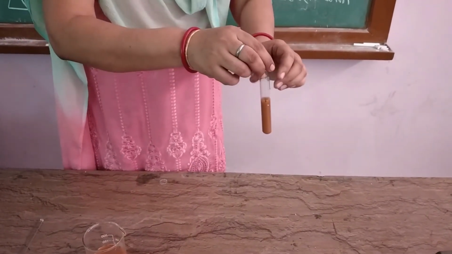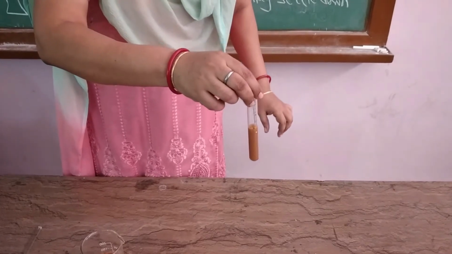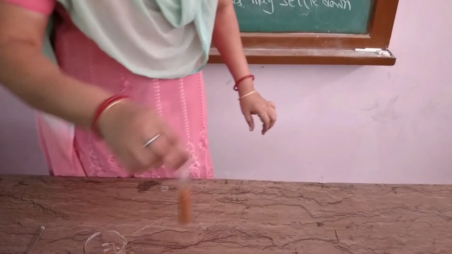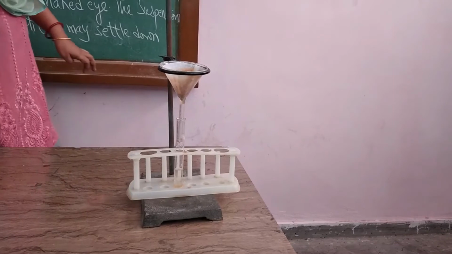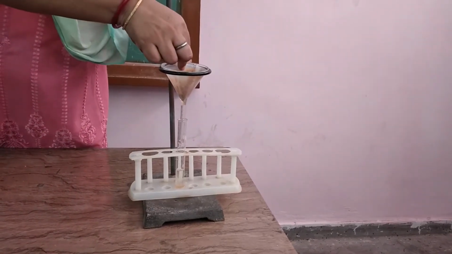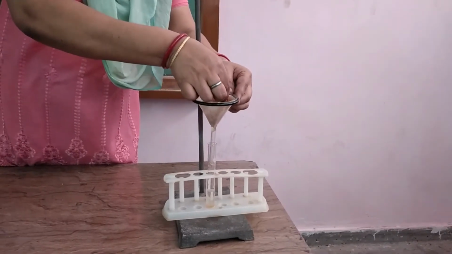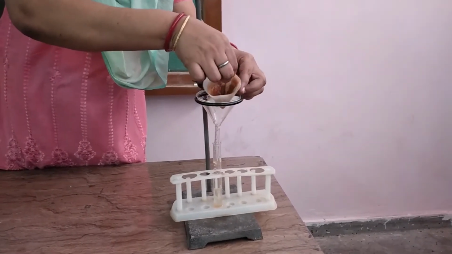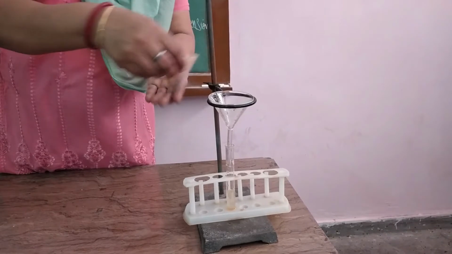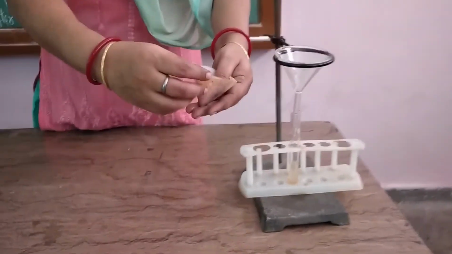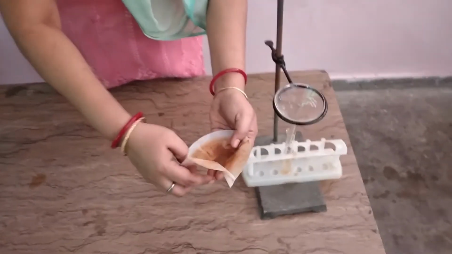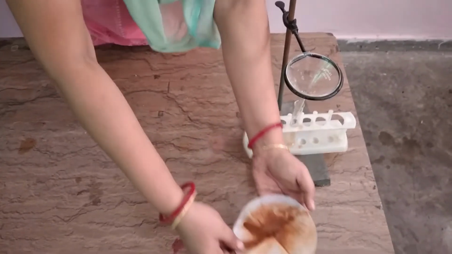Okay, now we will see what is left in the filter paper of the soil suspension. Here we can see this. In the filter paper, particles of soil are left behind.